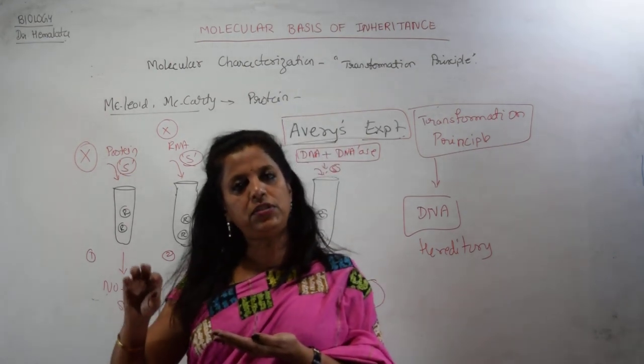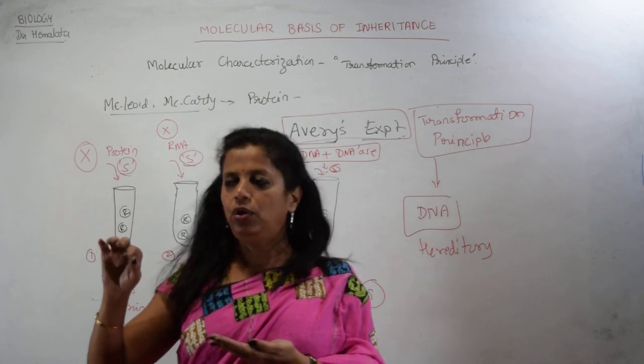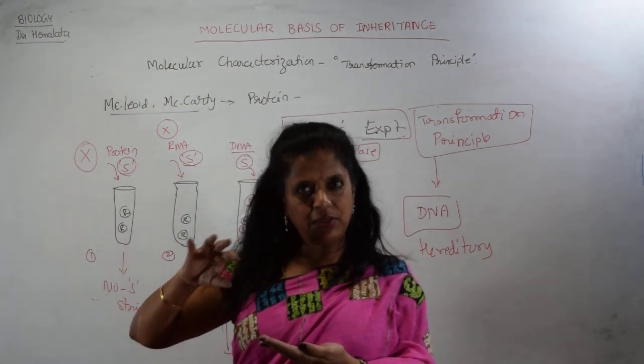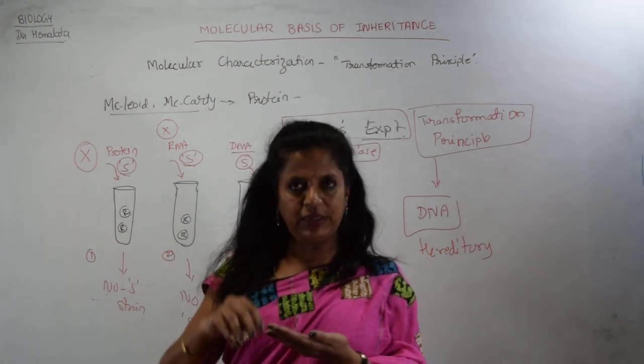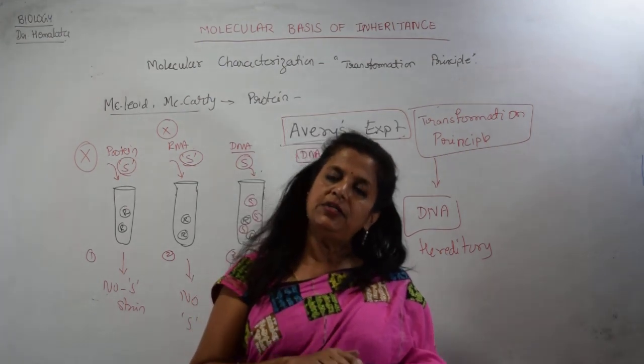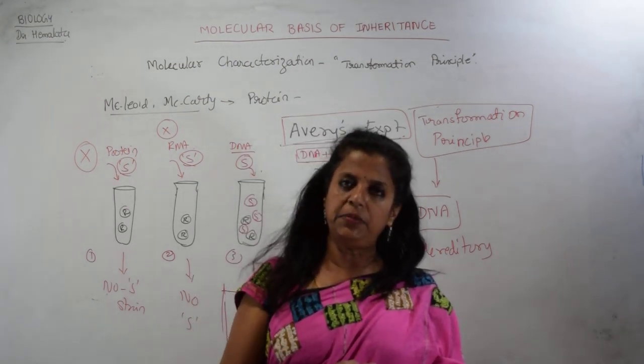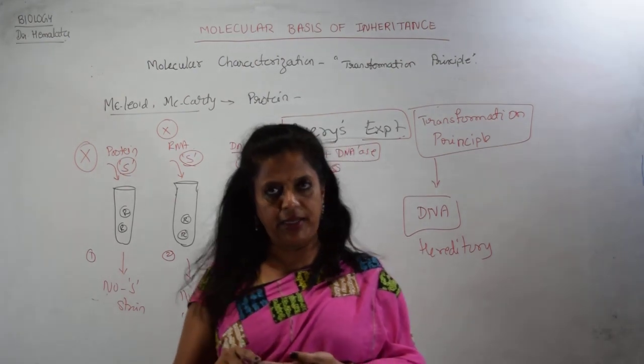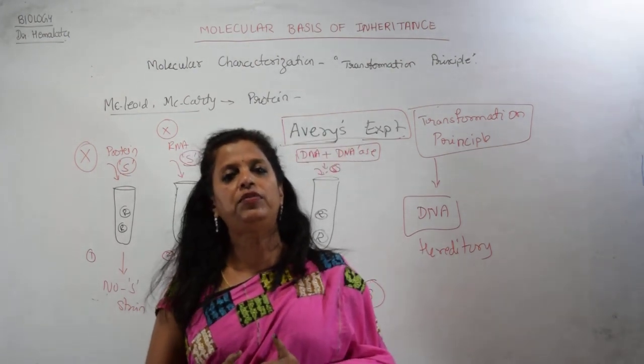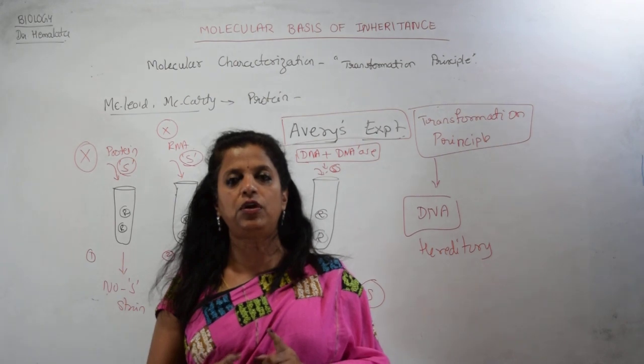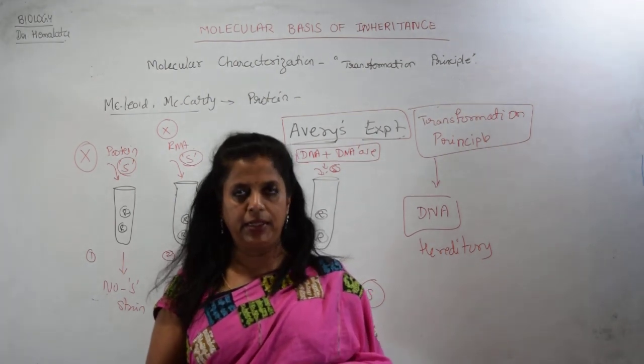Another bacterial colony was rough, because the finish was not smooth. The smooth strain bacteria he named S strain. The smoothness is because of the presence of a capsule around the bacteria.